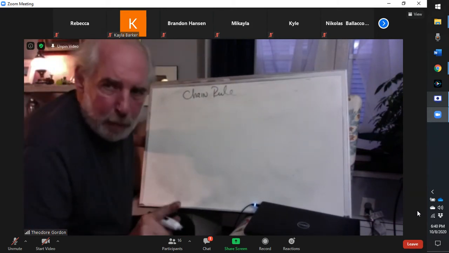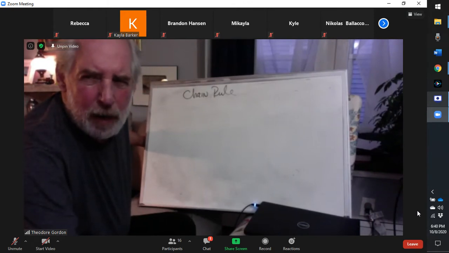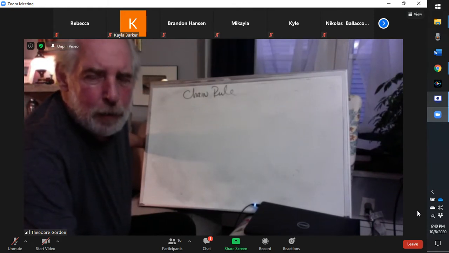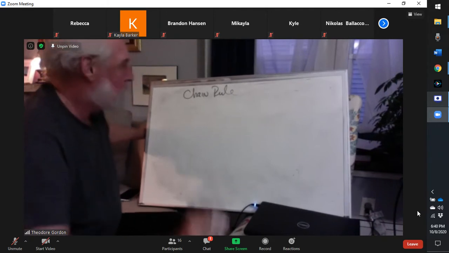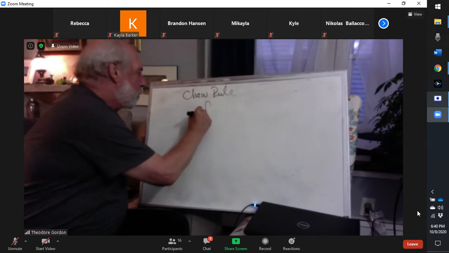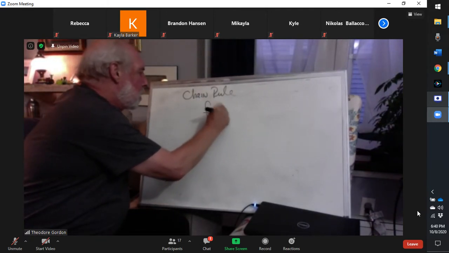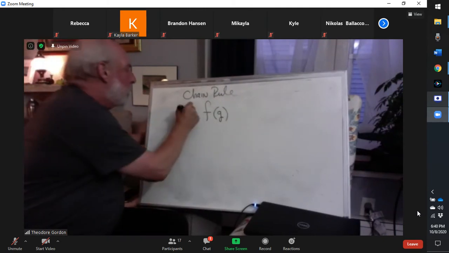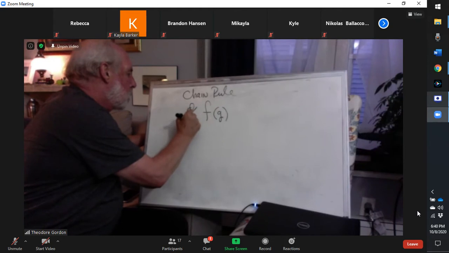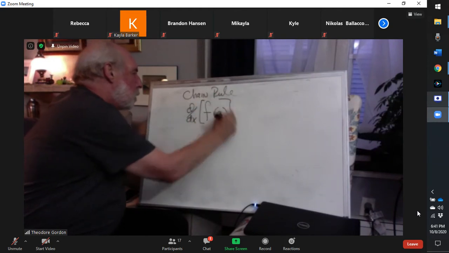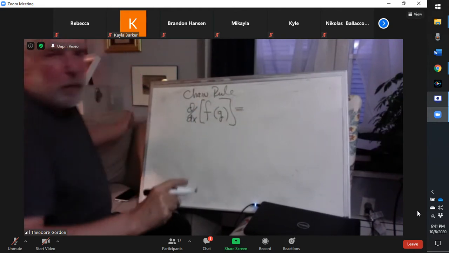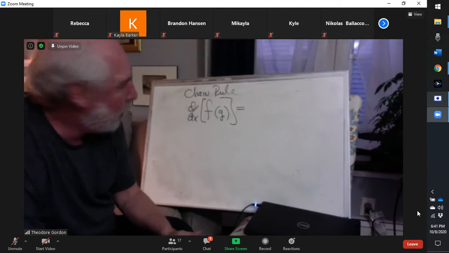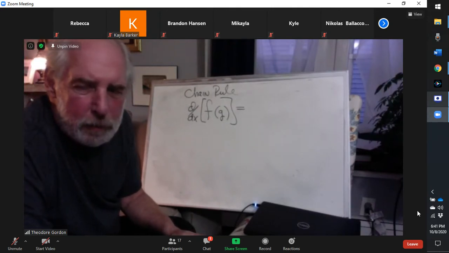If you have a composite function, that is a function with another function inside it, and to do this derivative, anybody remember how the chain rule derivative works?